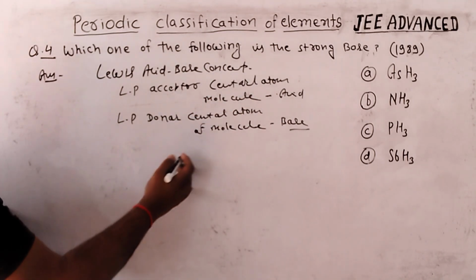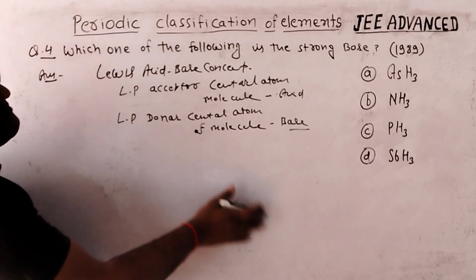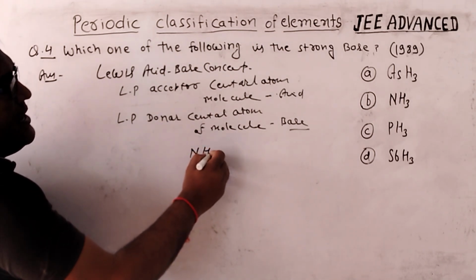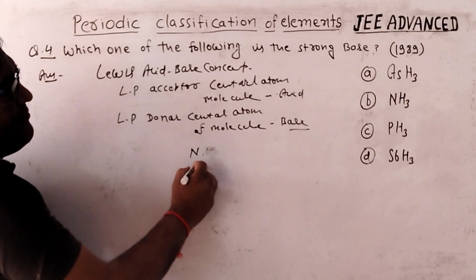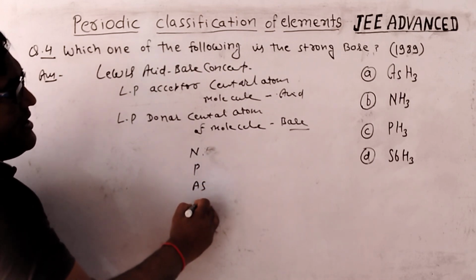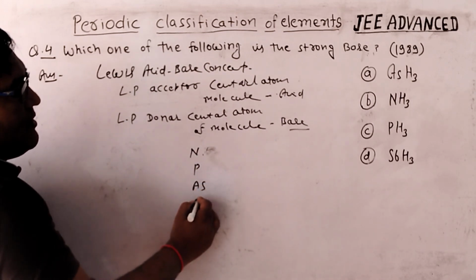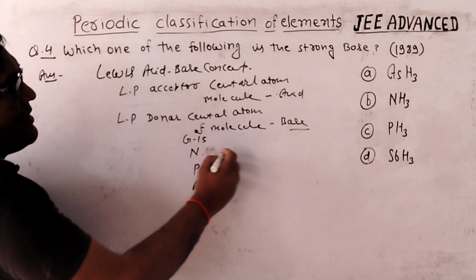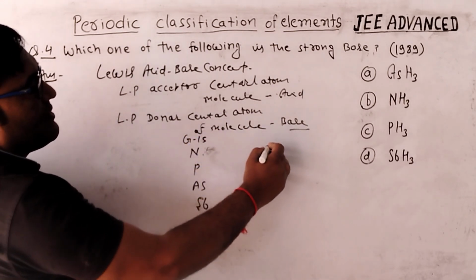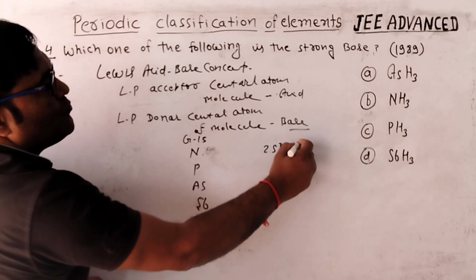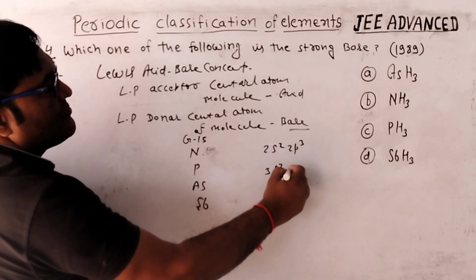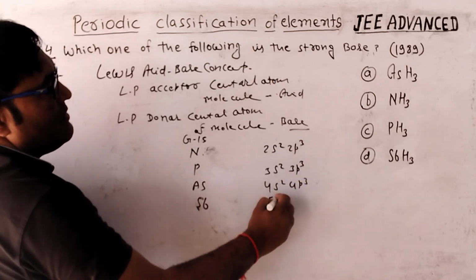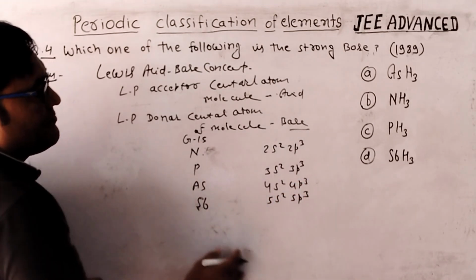So according to these options, nitrogen, phosphorus, arsenic and antimony are all members of group 15, and the last shell configuration is 2s2 2p3, 3s2 3p3, 4s2 4p3, 5s2 5p3.